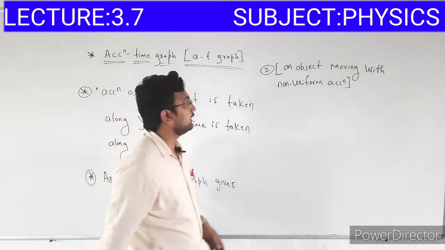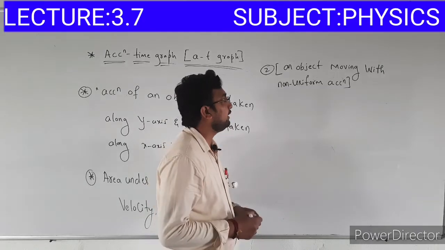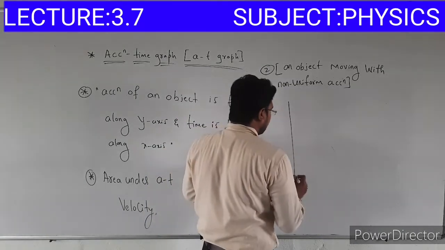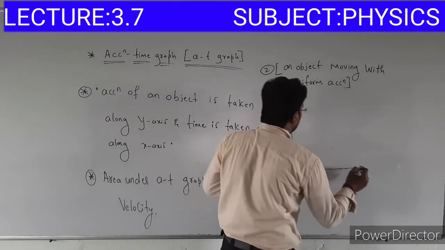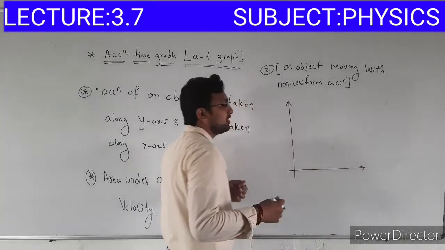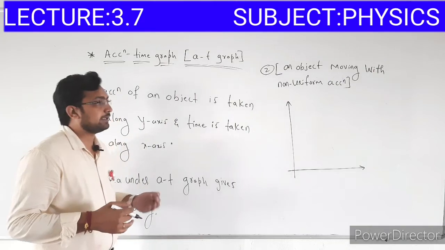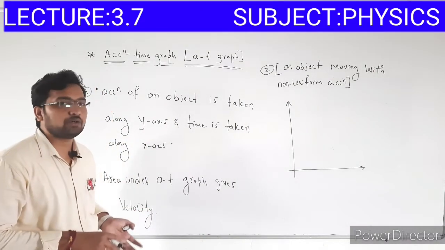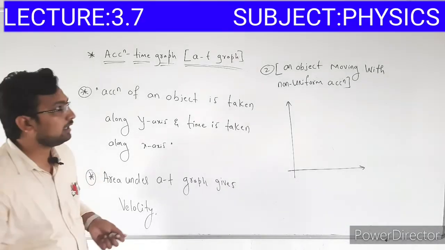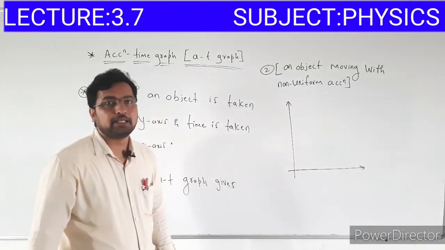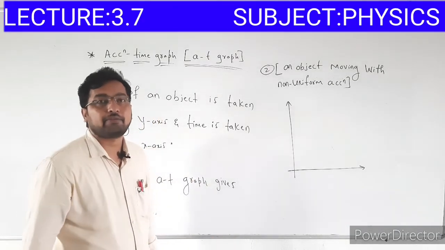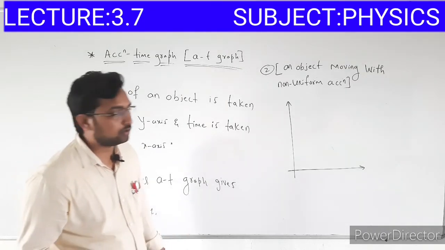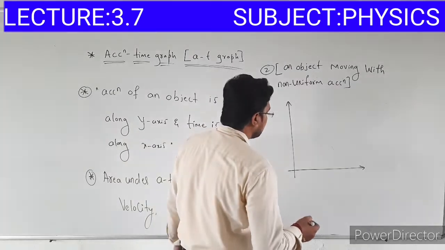The next one, an object moving with a non-uniform acceleration. Non-uniform acceleration means the acceleration of an object changes with respect to time, either in magnitude or in direction, or both, during its journey.